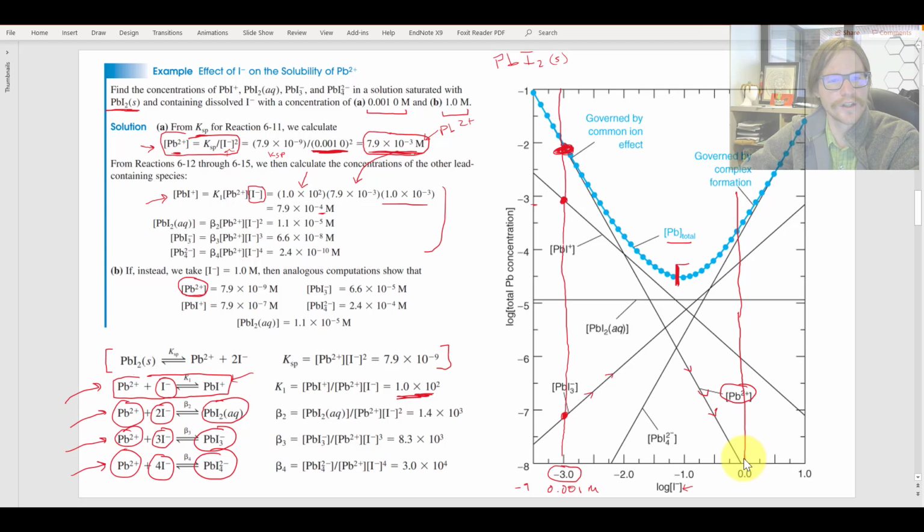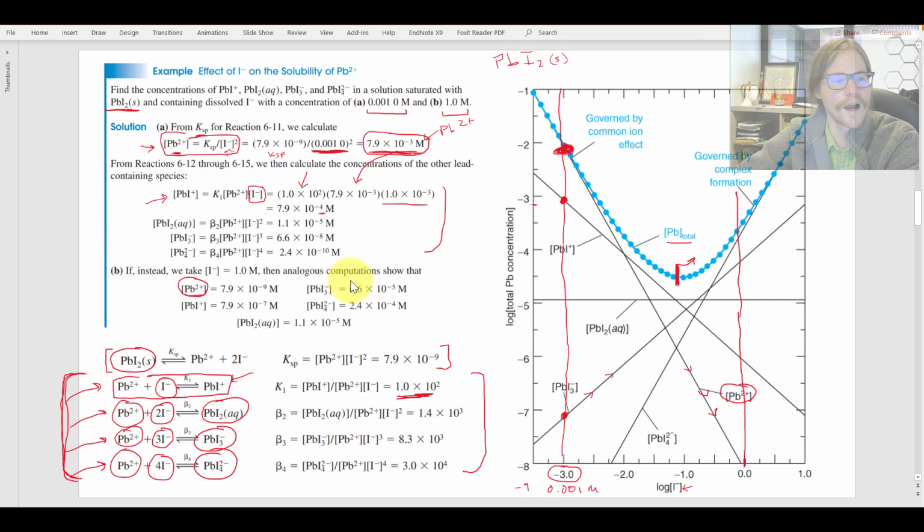Now as we push the iodide system this way, the equilibria of all of the complex lead formation starts to kick in, and we start to dissolve the lead iodide solid, because we start to push the equilibrium to the right for all of these formation constants down here. And by doing that, we start to dissolve the lead iodide.